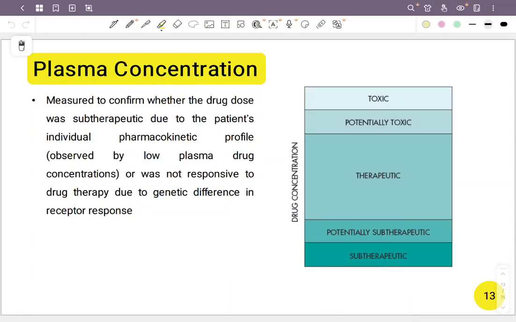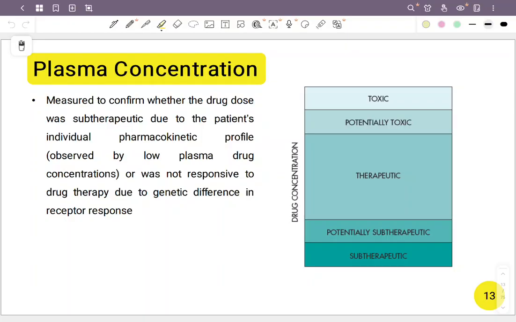Then, our next term is plasma concentration. And our plasma concentration, in simple terms, it is the amount of a drug present in the plasma at a given time. And kaning plasma concentration nato, guys, important nga i-measure ni siya kay it assess drug absorption. Then, particularly, it tells us how much of the drug reaches the bloodstream.